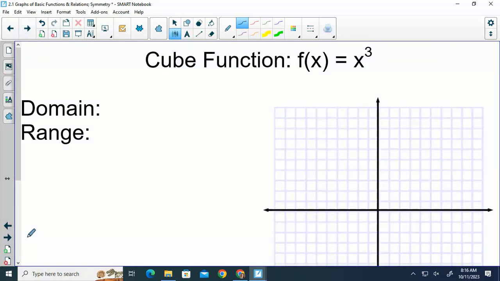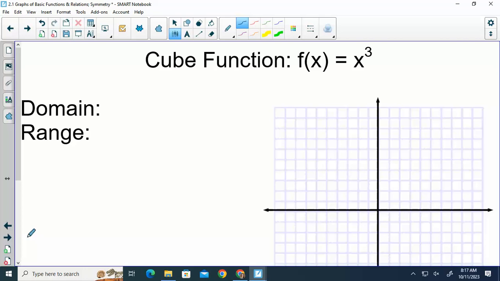The cube function. f(x) equals x cubed. What is that? You guys remember? I know what it's called. You know you've seen it before. It's kind of familiar. It starts from the bottom and does a little wiggle. Uh-huh.